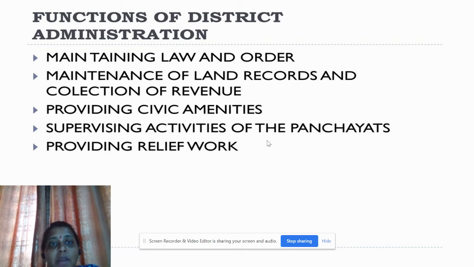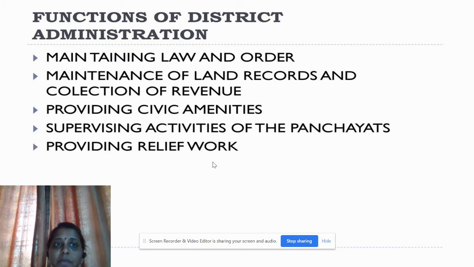This officer who goes to the village is called the village development officer. He is going to collect the revenue and submit the money to the panchayat's office, and also work for the elections. They look after the elections of the panchayats and provide relief work.